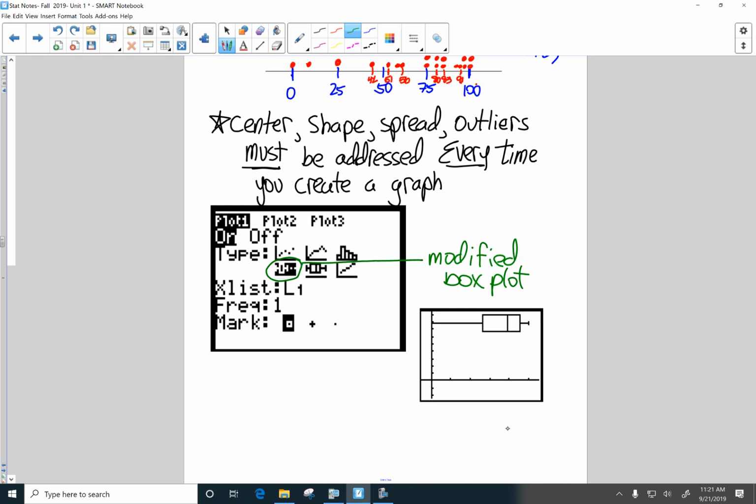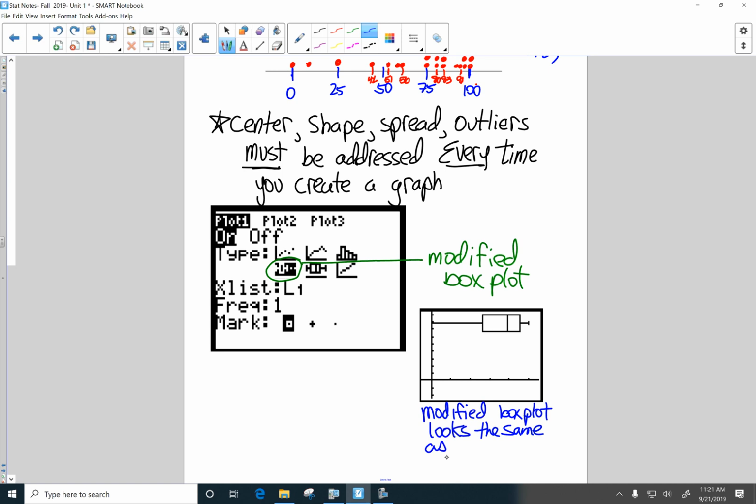Modified box plot looks the same as an ordinary box plot. That's what we write. Modified box plot looks the same as, you could say regular box plot.